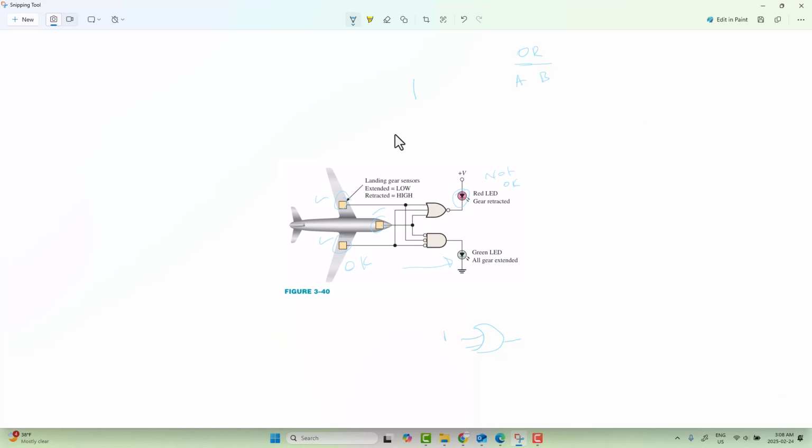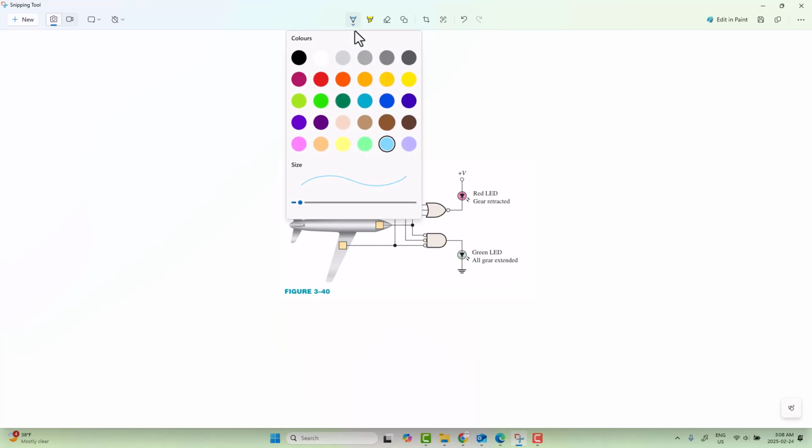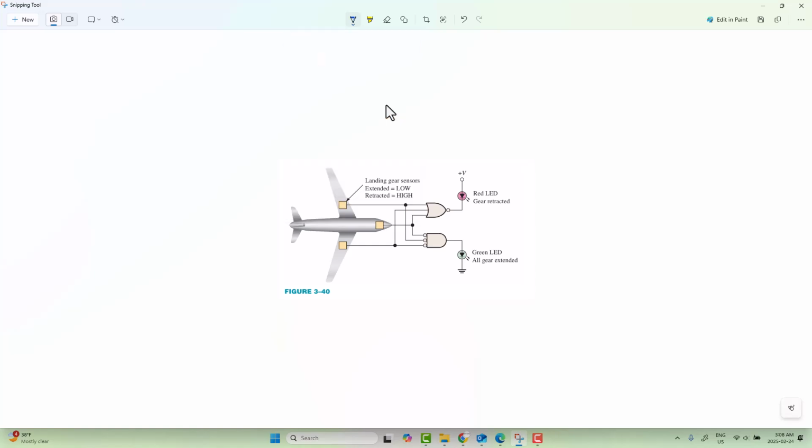Let me draw a better one. It has this kind of configuration. This is A, this is B, and this is the output.